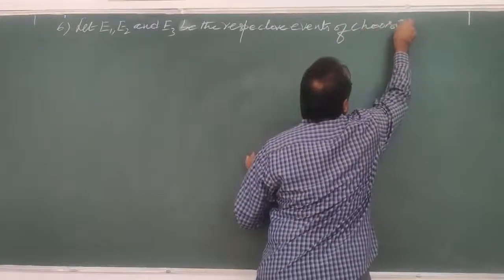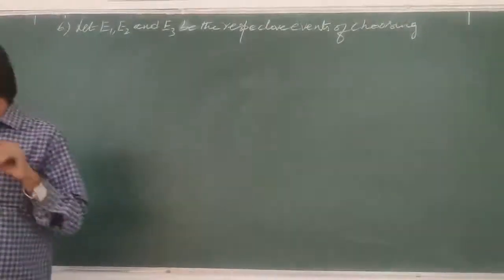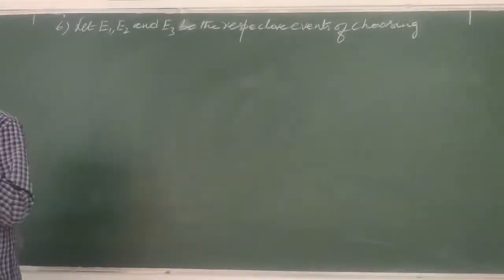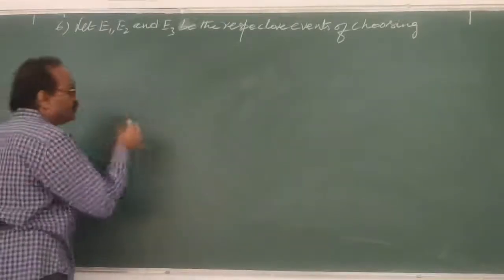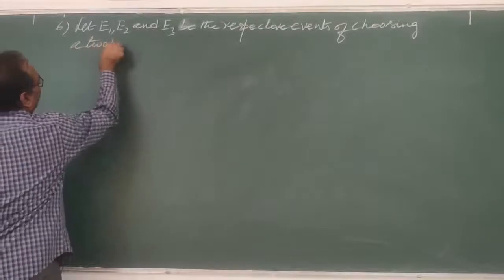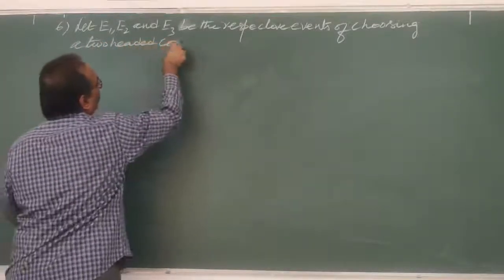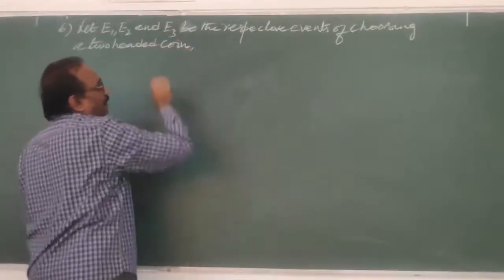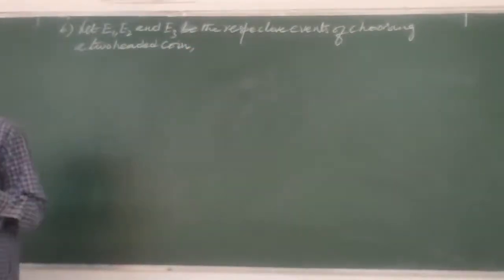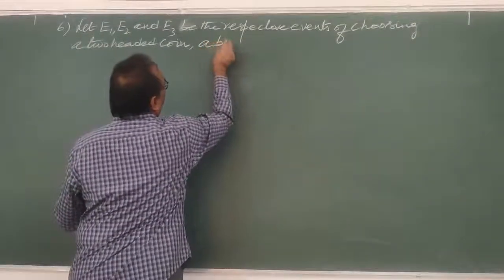What are you choosing now? Choosing a two-headed coin, that you write. Choosing a two-headed coin. What is given, that only I am writing now. What is the next one? Comma, a biased coin, correct. A biased coin.